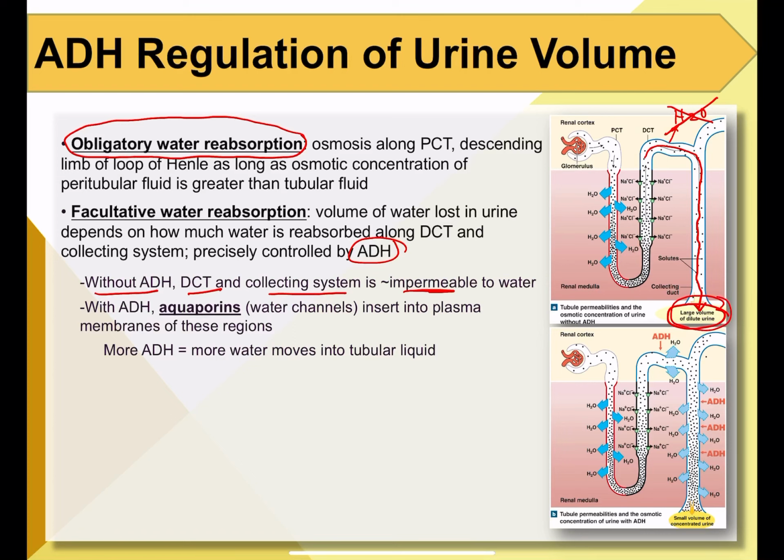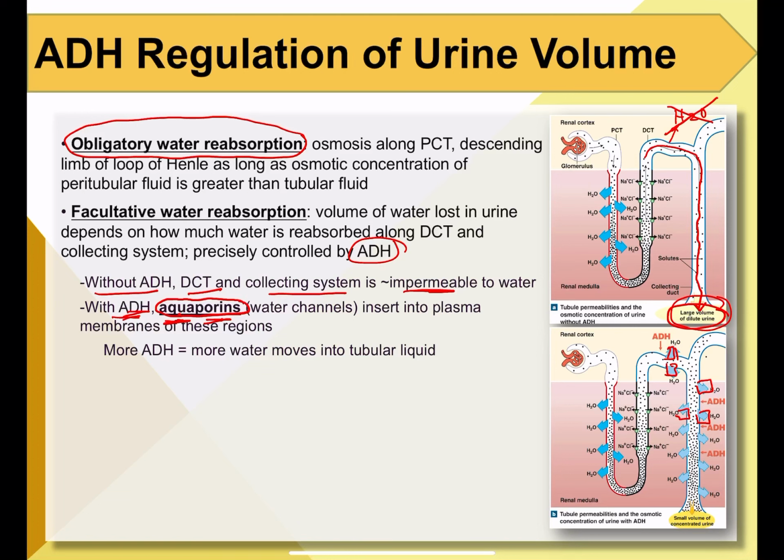Now, with ADH, let's say you're not drinking water for a couple of hours and you're in dehydration mode, and your body needs more water. Then an increased amount of ADH will be released, and ADH is going to cause formation of what's called aquaporin. Aquaporin sounds like water pores. They are literally water channels that are punched into the DCT or collecting duct area.